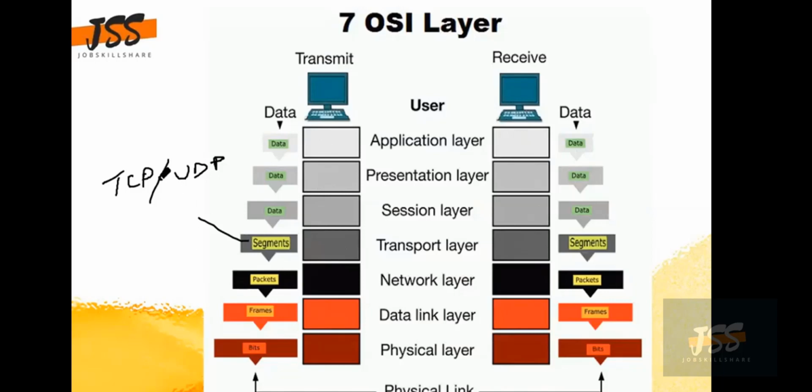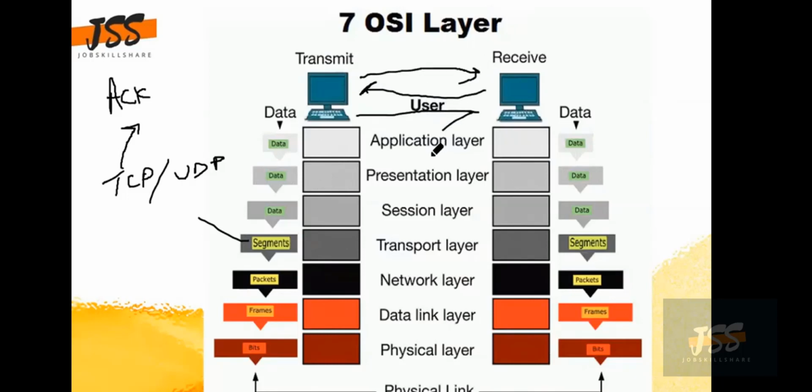So TCP is connection-oriented, where we need acknowledgements. We want to confirm that our end-to-end connectivity has been established with the help of what is called the three-way handshake. And I'm going to show this as well. So what will happen in the handshake?